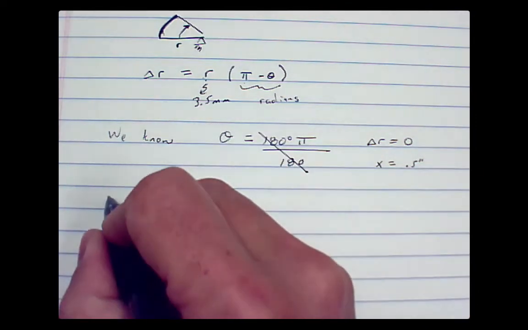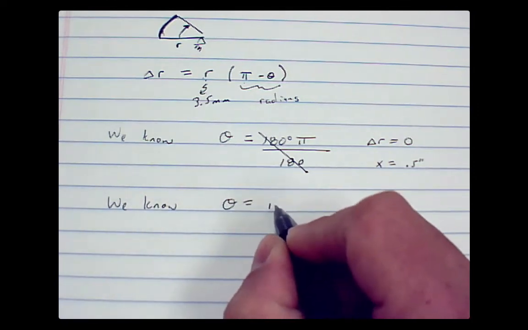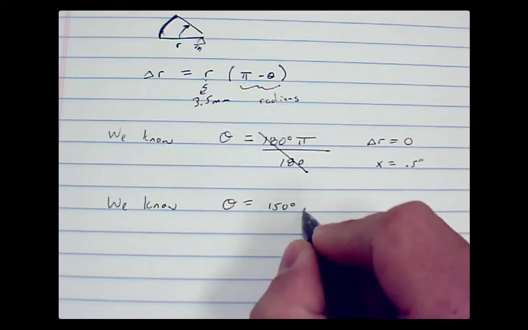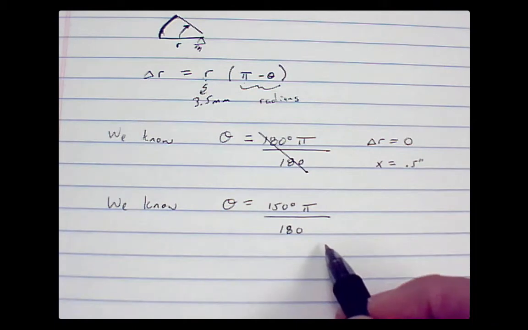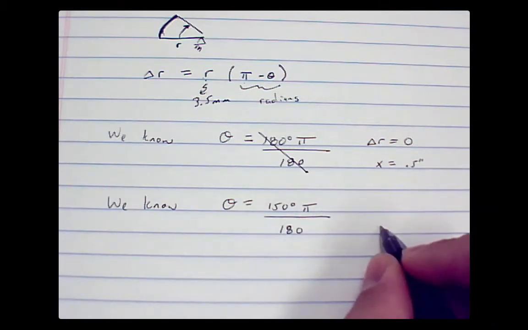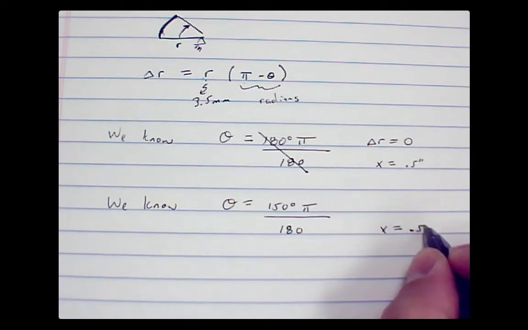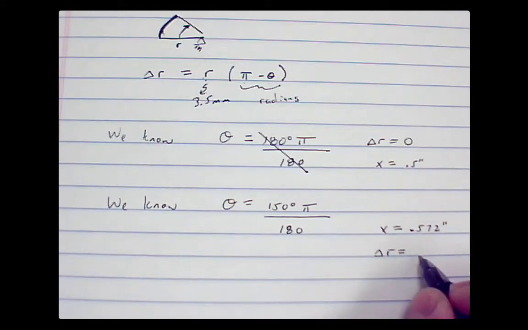Then we also know that when theta is around 150 degrees, and these are just approximate calculations, when theta is 150 degrees, I need to put this into radians, x equaled 0.572 inches, and then that meant delta r equals that 0.572 minus 0.5, so I have 0.072 inches of deflection.